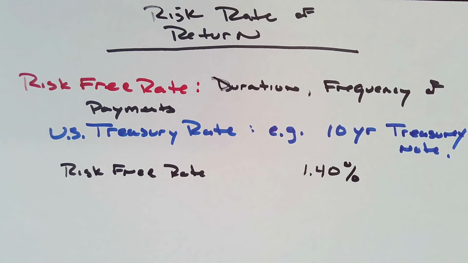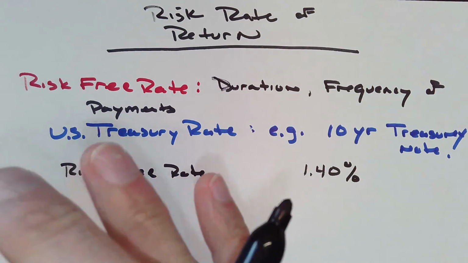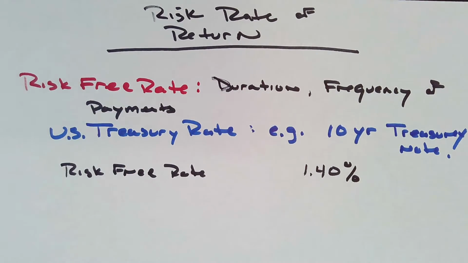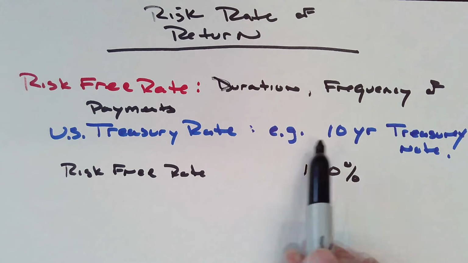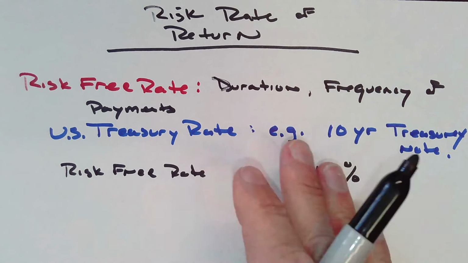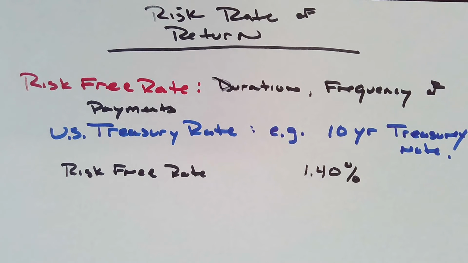That's the current risk-free rate. That's the current 10-year rate, approximately. And that goes up and down. Right, and so as it goes higher, people are expecting more of a return for putting their money aside for 10 years. But they believe that they're going to get their interest payments, and they believe they're going to get their principal back. They believe they're going to get the face amount back.